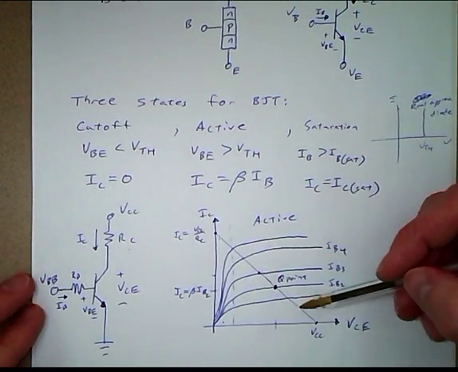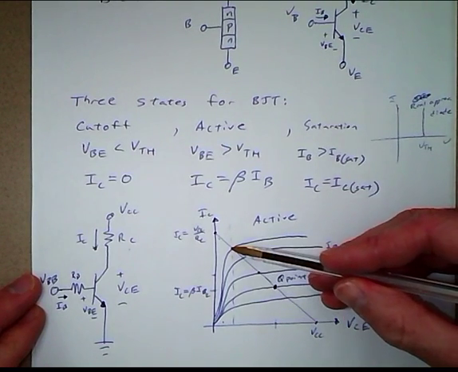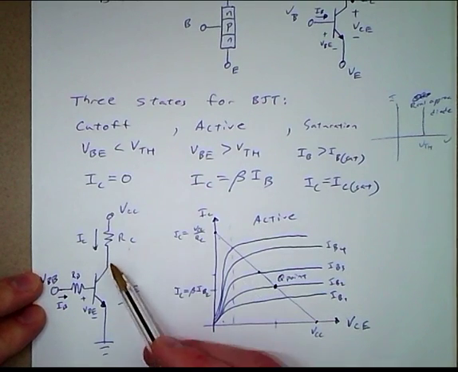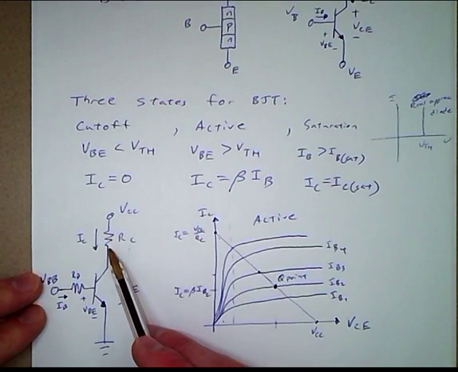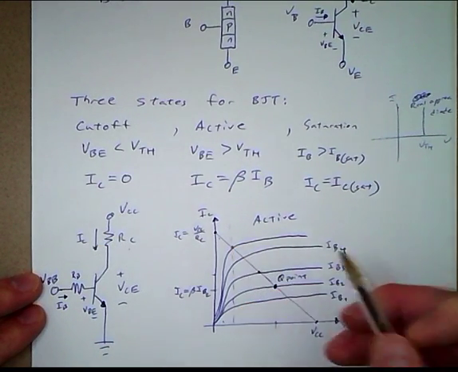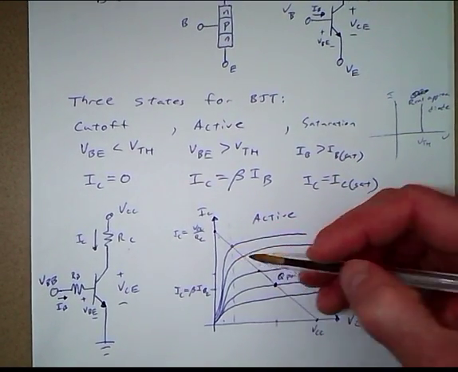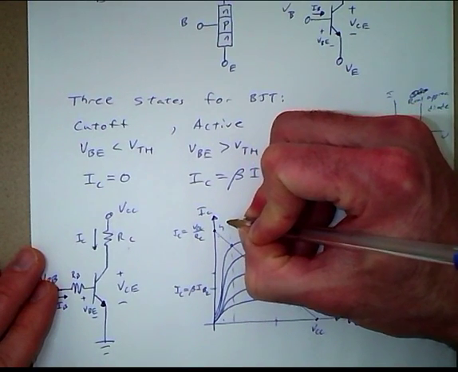Now as we increase the base current, the collector current is going to increase, and so the VCE is going to drop. As the collector current increases, the voltage drop across the resistor increases, and so VCE drops. And that happens all the way until we get to this vertical dashed line, and that's when we get into the saturation state.